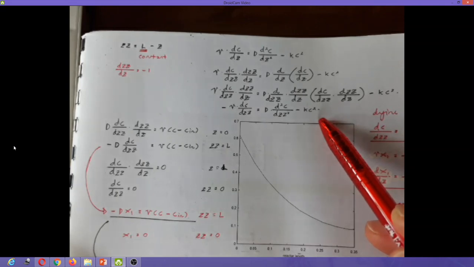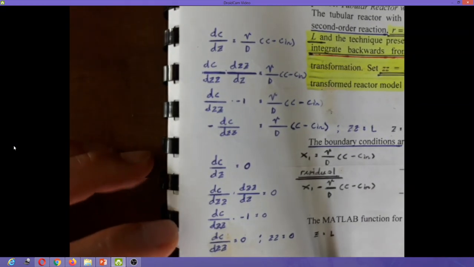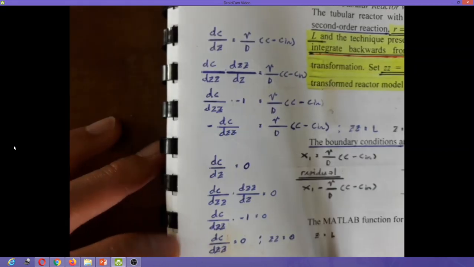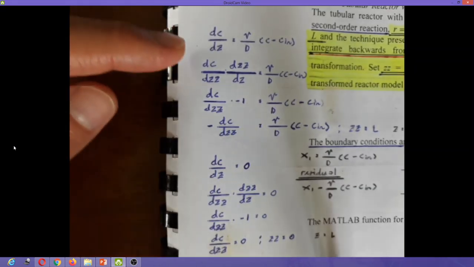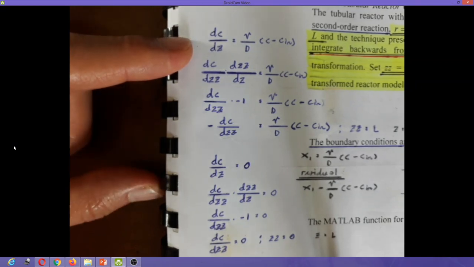You also need to do these things for your boundary conditions. Your original boundary condition was this. Now you need to express it in terms of zz, so you have to follow these steps in here.